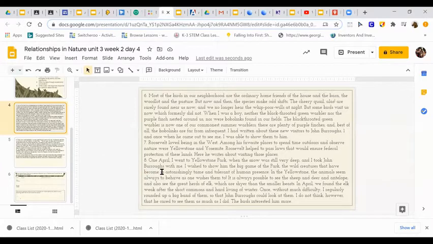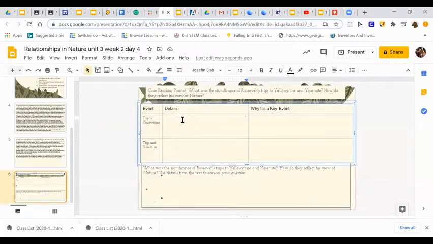Okay, so it starts here in 8, and he talks about how he goes to Yellowstone with his friend, John Burroughs. So that's what I'm going to write: in April, he visits with John Burroughs. Okay, it's kind of small. Let me see if I can make it a little bigger for you.